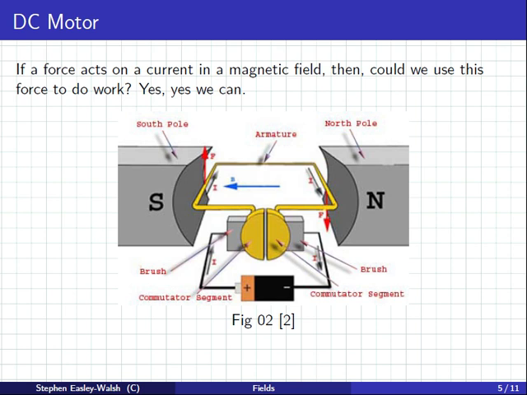So we've just made a DC motor, an electric motor. This has been around for a long time, since about 1880, 1885. The underground in London is electric, and it's been electric since about 1900.